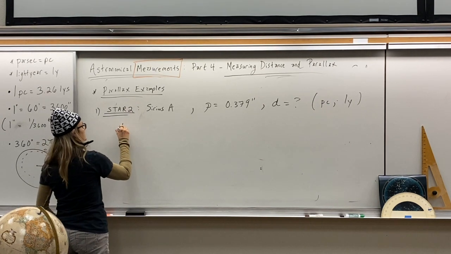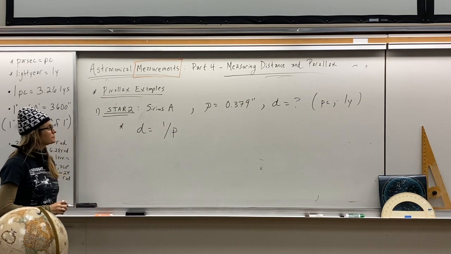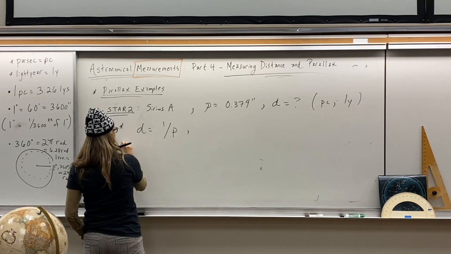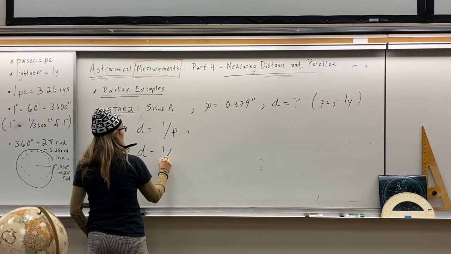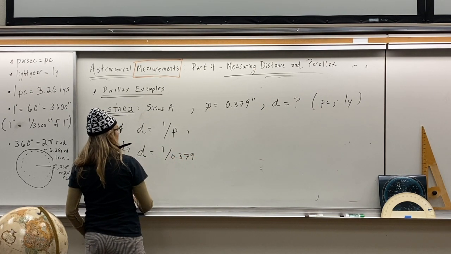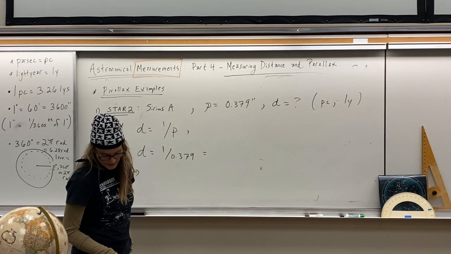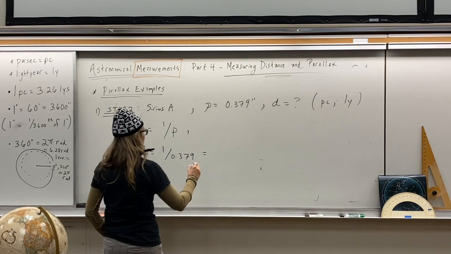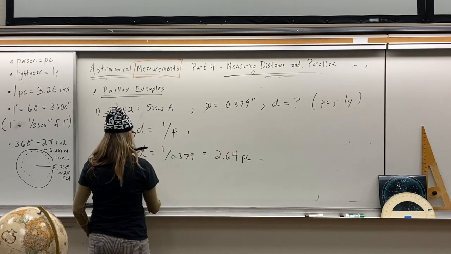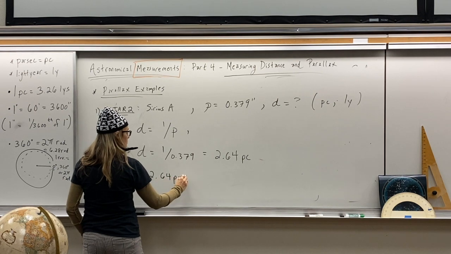So again, we just go ahead and say the distance is 1 over P, and that will equal, in this case, what did we get? 1 over 0.379, we get 2.64 PC.